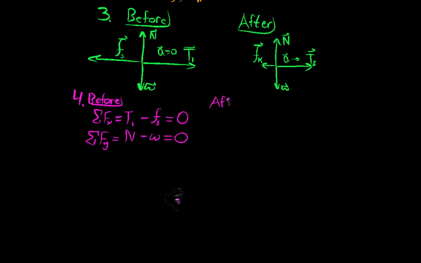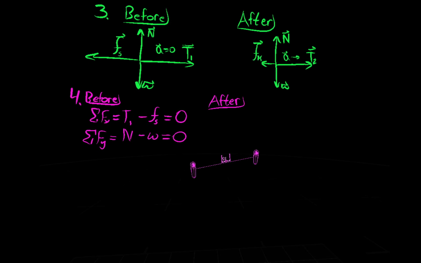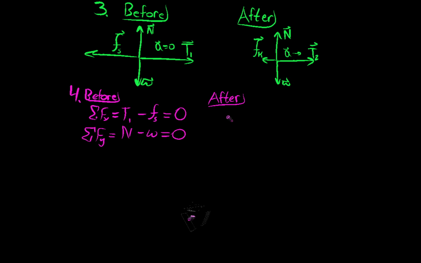Here's the after scenario. They're nice because they're all along our axes, right? So we don't have to find component vectors of anything. Fx for the after scenario is T2 minus kinetic friction. And that's equal to some acceleration, because now this is after we've got it going.